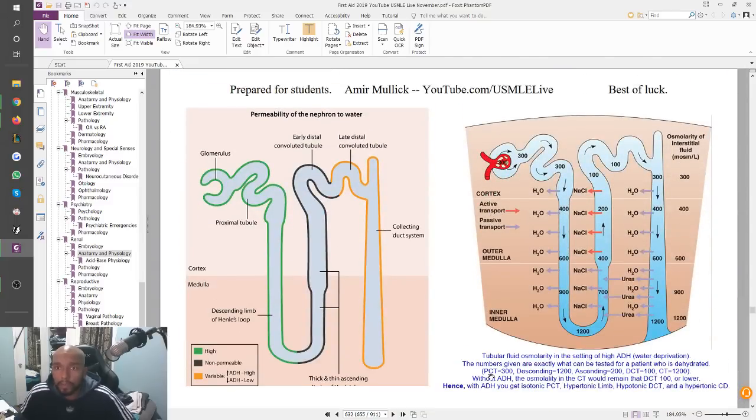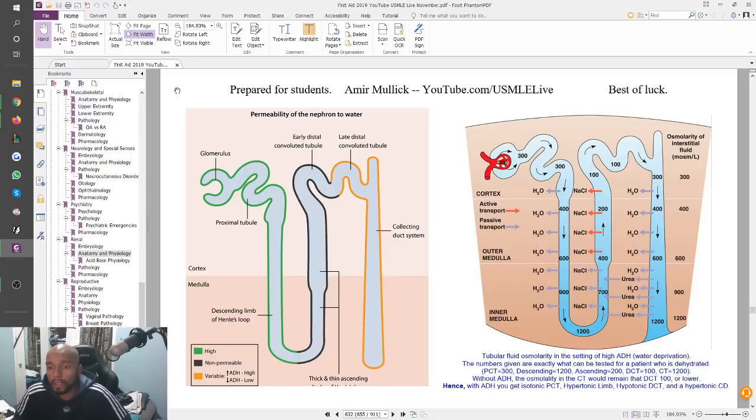Now, what I want to talk about next is the topic of nephron physiology, right? How do your nephrons really work? And what do they do, and how do they adapt to things? One of the things about the nephron that's really critical in human survival is the ability to adapt to water deprivation, right?